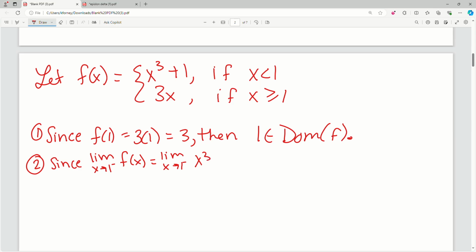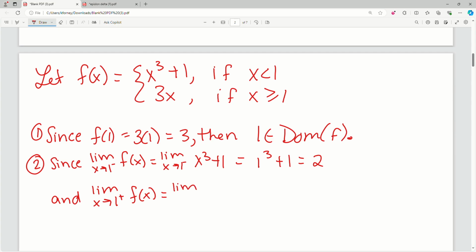The x cubed plus 1. So then I have 1 cubed plus 1, which is 2. Then we want to find the limit from the right. Coming from the right, we use 3x. So now this becomes 3.